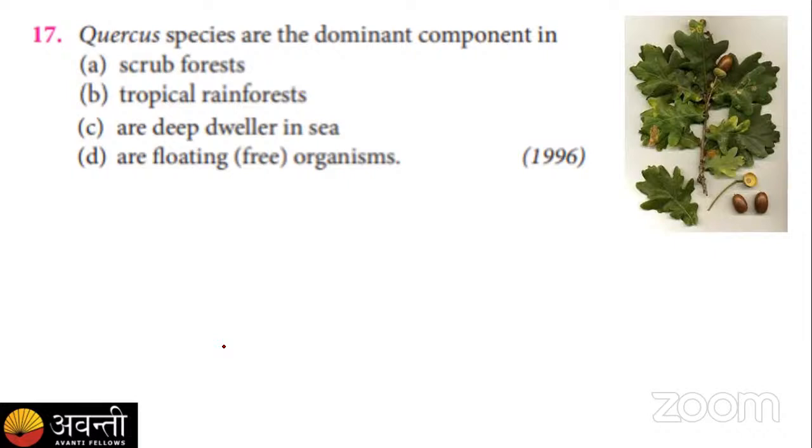C, are deep dwellers in sea. And D, are floating organisms. Okay, so give your answer as fast as possible.